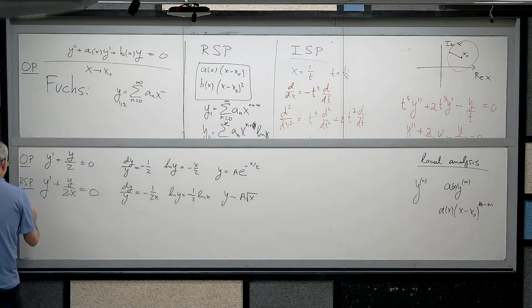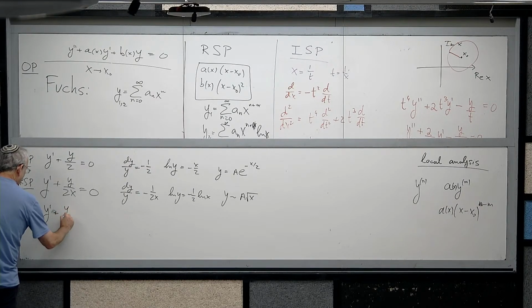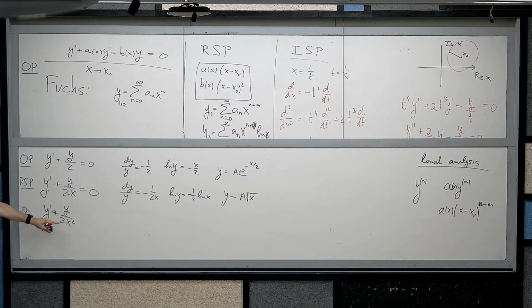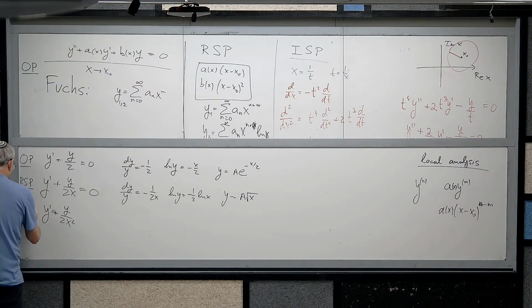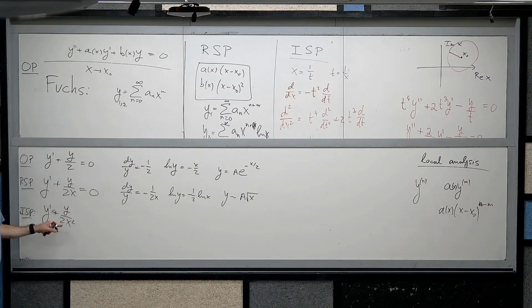Now what happens if we have an irregular singular point? Let's speak about y prime equals y over 2x squared. Because there is an x squared here, even if I multiply it by x, it is still singular at 0. So now 0 is an irregular singular point, but I can still solve it because it's an exact equation.